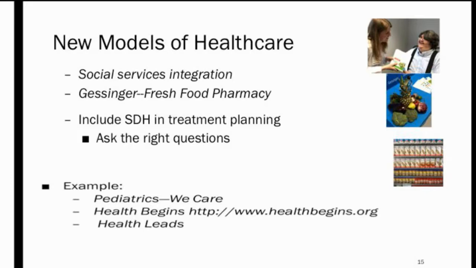So you get something like social services integration in a program called Health Leads, where representatives of service agencies that can facilitate dealing with social determinants are actually embedded in a primary care clinic, and the physician can write a prescription that says, go, you need transportation assistance, nutrition assistance, whatever, and you take that to the representative, and they are there on site reducing a barrier and facilitating dealing with the issues that are contributing to our patients' health.